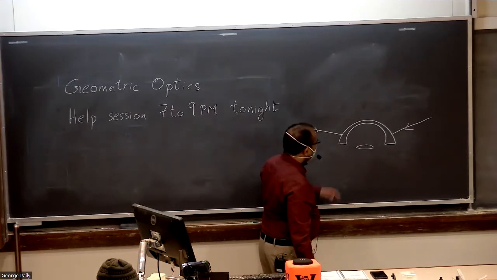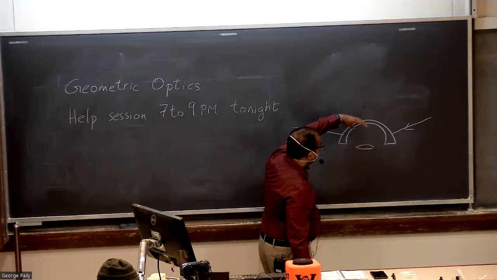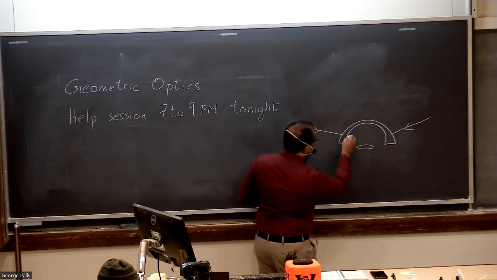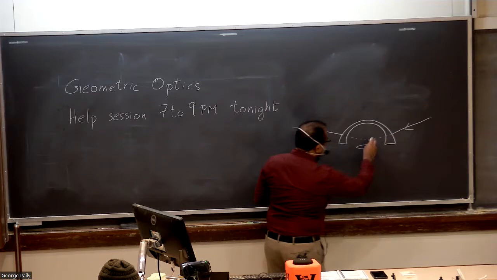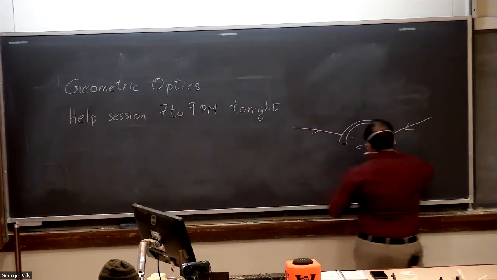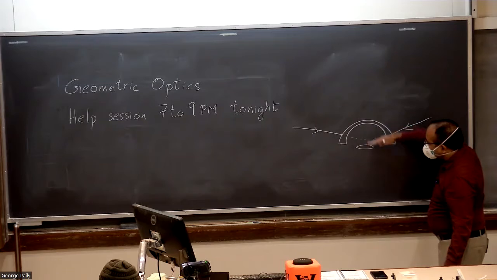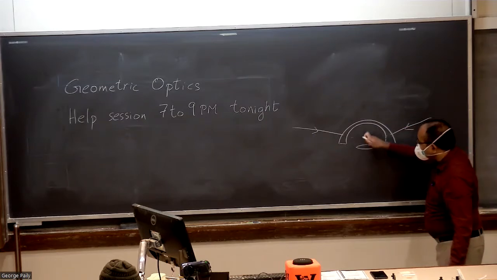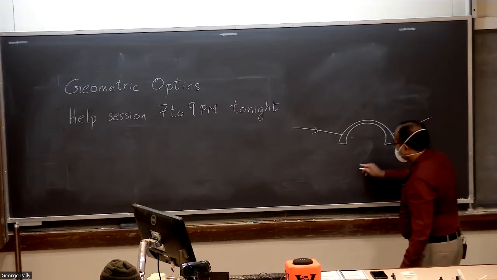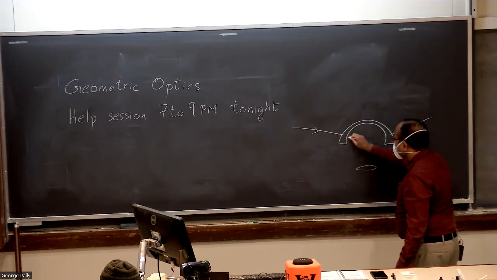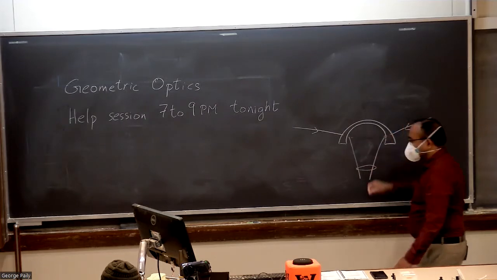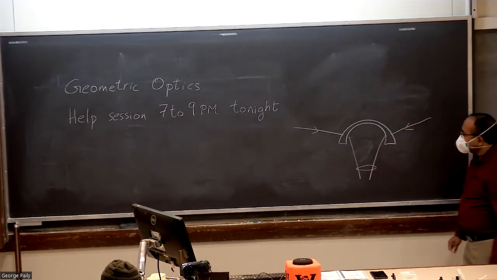And if it was, let's see, so the natural tendency is to go like this. If it was a converging lens, it will correct it even further closer to the horizontal. The fact that it's a diverging lens means this is actually not quite that, probably down here. You end up with rays like this.